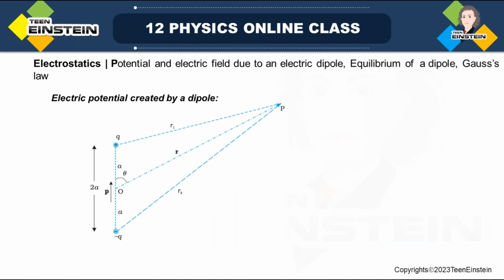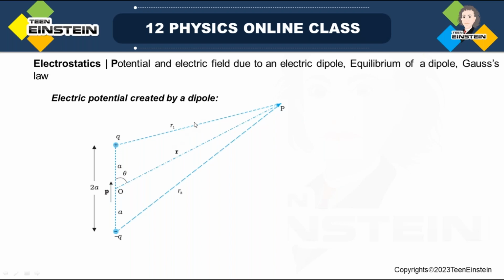So, very good morning, students. Today we'll be discussing, as you know, we had already started discussing electric field and potential due to an electric dipole. Yesterday we had somewhat discussed electric potential created by a dipole.